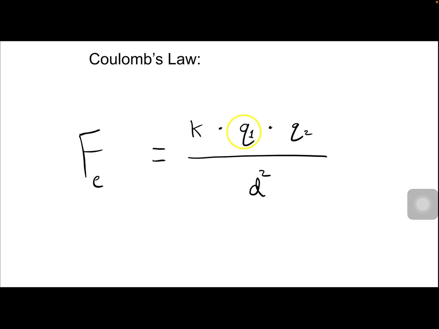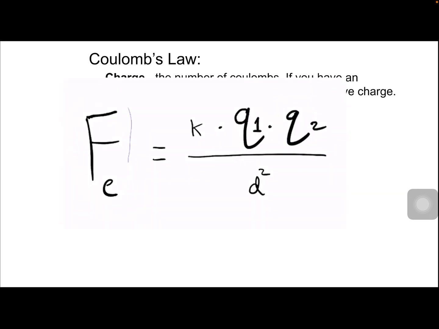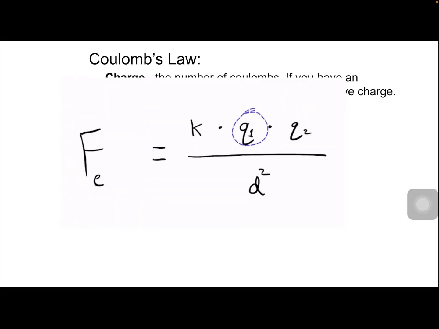Now, Q1 and Q2, we already know what those are. That's the charge on the object. It's the number of coulombs if you have an imbalance of protons and electrons and you've got a charge. Now, how do they relate? So here, let's start this animation over again. If you increase your charge, you will increase your force.